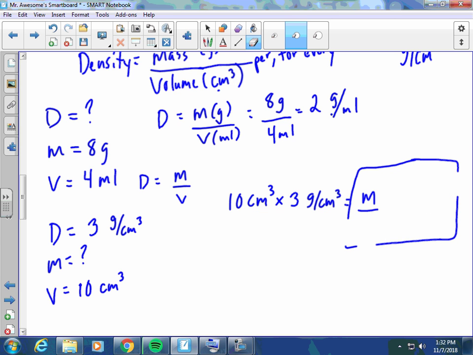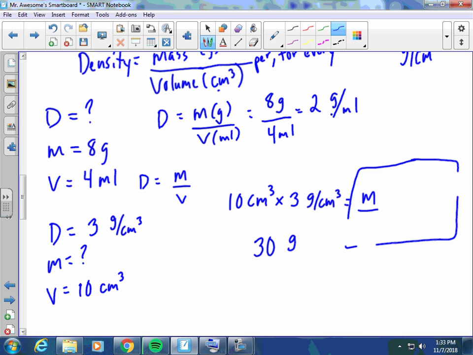So now I can just solve the problem. 10 cubic centimeters times 3 grams per cubic centimeter would be what? 30. What do you think the units are? Just grams? What are our units for mass? Grams.